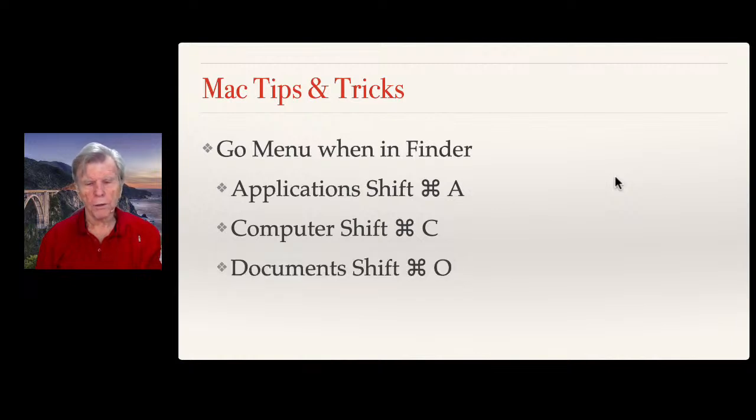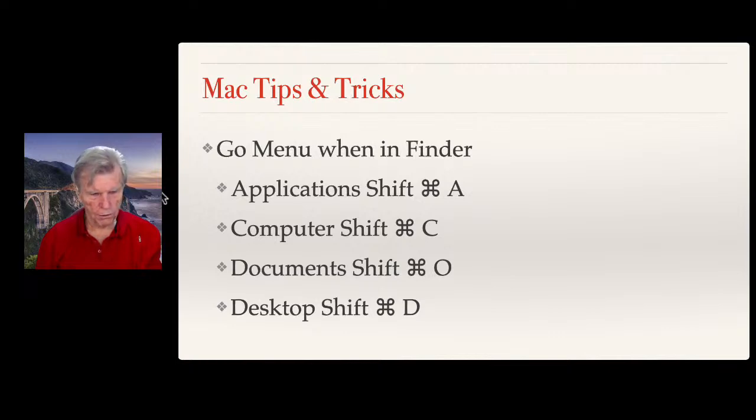And we can go to our documents in the Go menu with Shift-Command-O. And you might be asking yourself, why is Documents not Shift-Command-D? Well, that's because Desktop is Shift-Command-D.